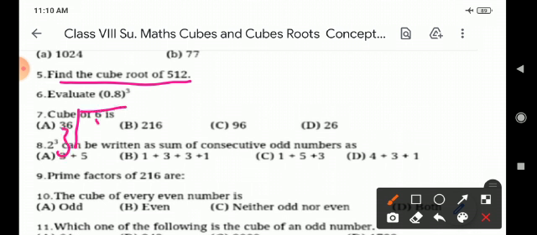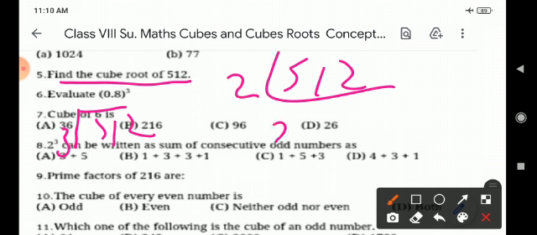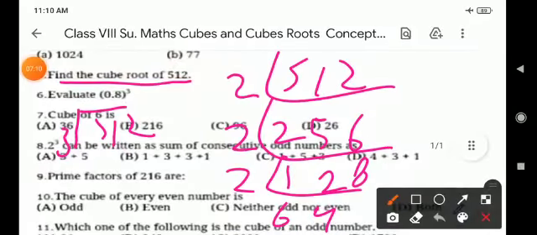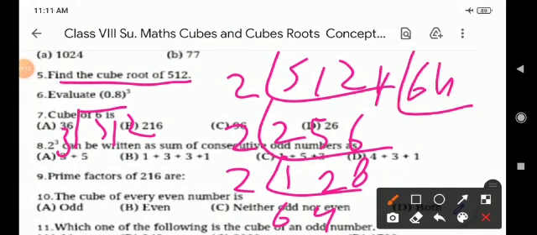Factors of 512: 2 twos are 4, 2 fours are 8, and so on. And the factor of 64 is also 4, 4, 4.